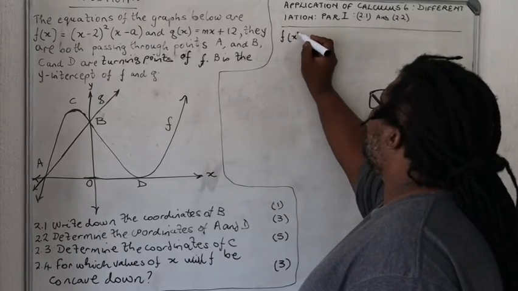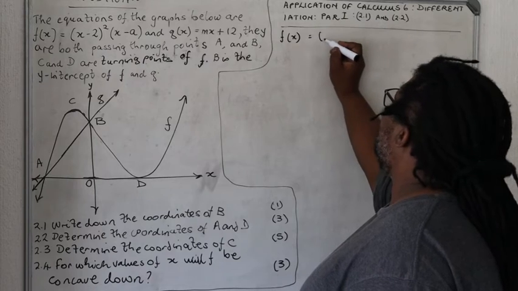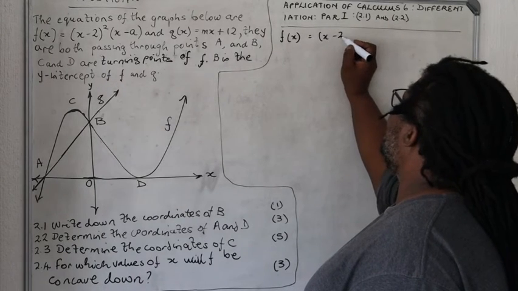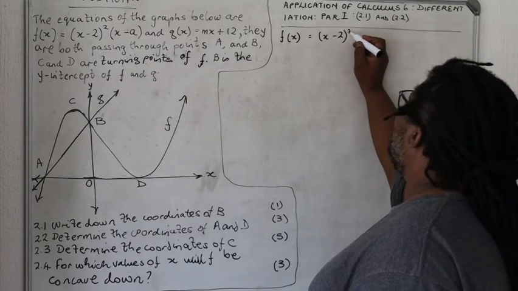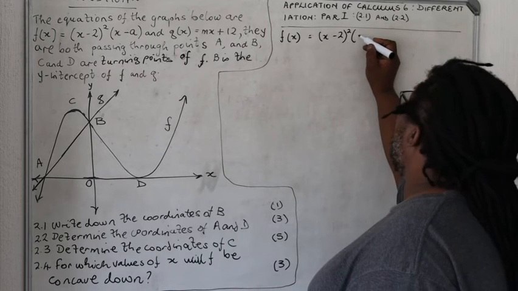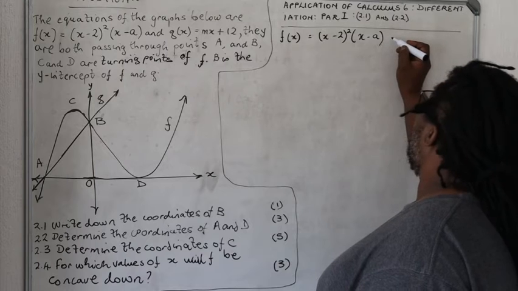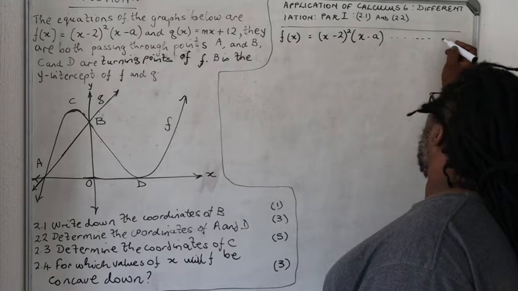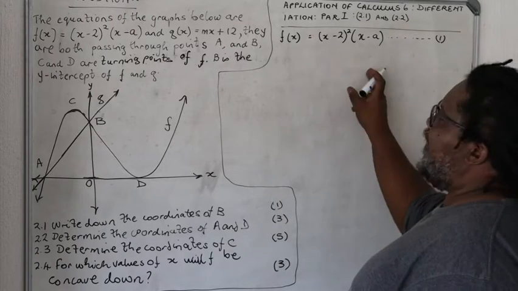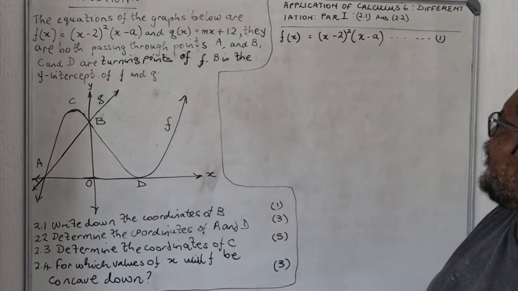f(x) = (x - 2)^2 multiplied by (x - a), and we call this our equation 1, and this is our cubic function.